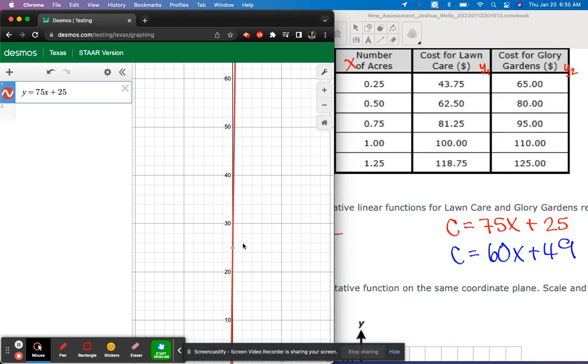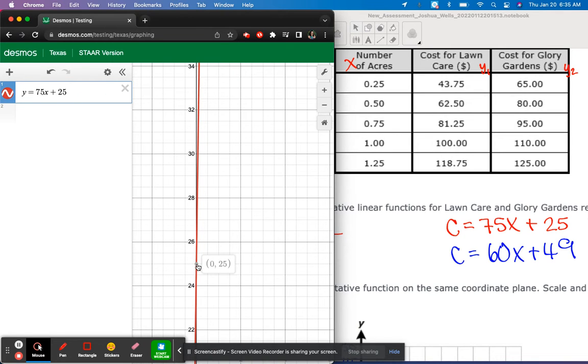And your y-intercept is at 25. My y-intercept's at 25. So that's the starting rate. And then we just need to find other points on this graph. So another point we could use is 0.25 and 43.75. So it's about right here.